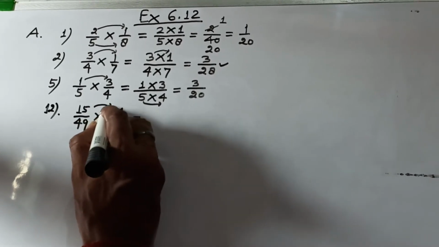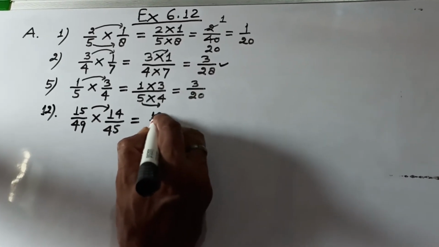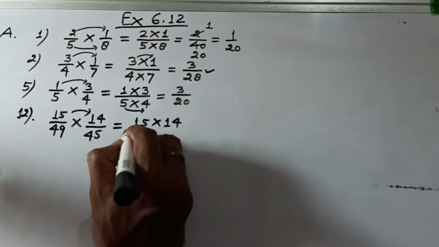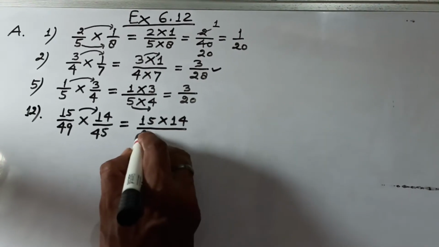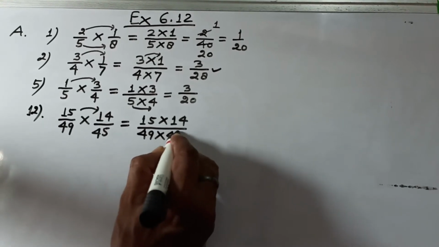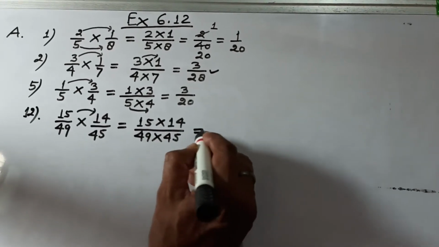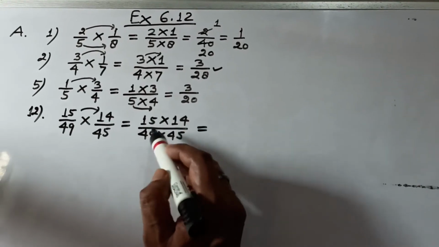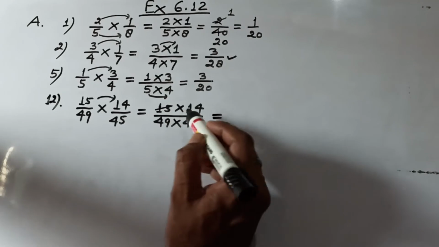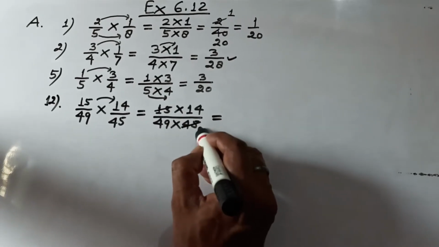So again 15 into 14 upon 49 into 45. You can multiply or you can simplify from here also. 15 1 is 15, 15 3s are 45.